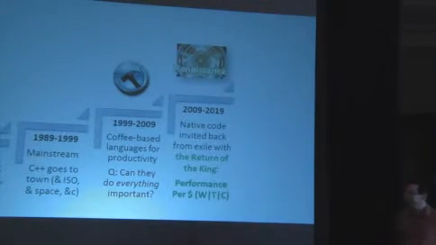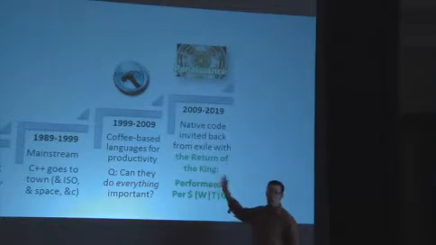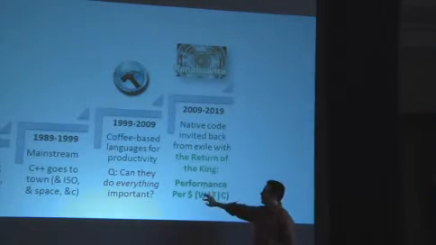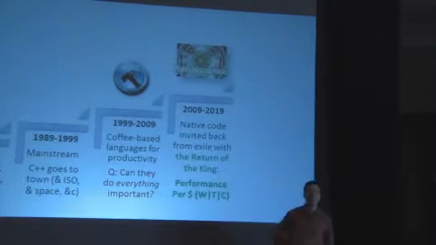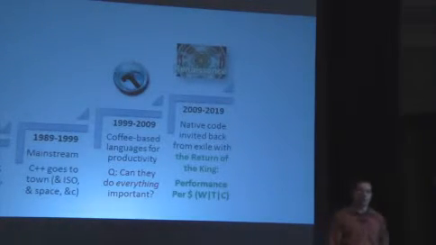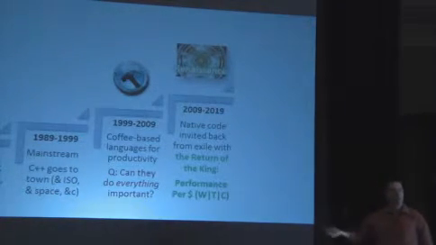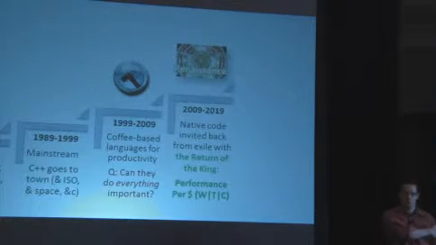Ask any weatherman. But let's try. This is the decade that we're two years into now. C++'s fourth decade, where performance per watt is again king, performance per dollar. Is that a long-term trend, or is this just a blip and then we'll go back to business as usual in the 1990s and 2000s?